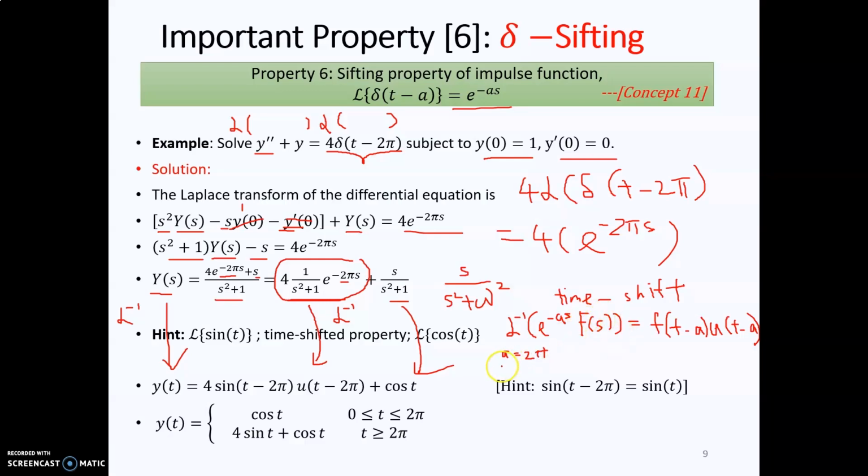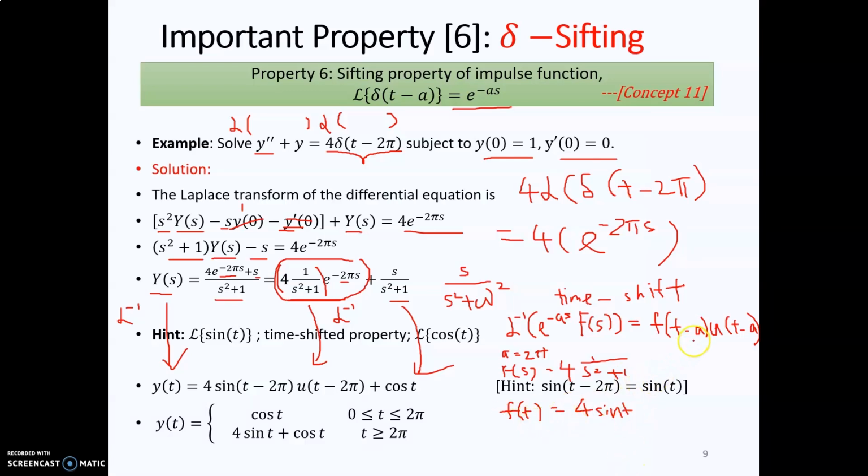And then your F(s) will be the remaining term here, so equal to this. So from the F(s), if you want to find your f(t), this 4 over s squared plus 1, with that you know is a sine t function, because the omega squared is equal to 1.